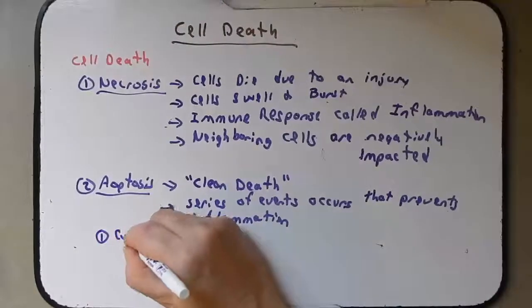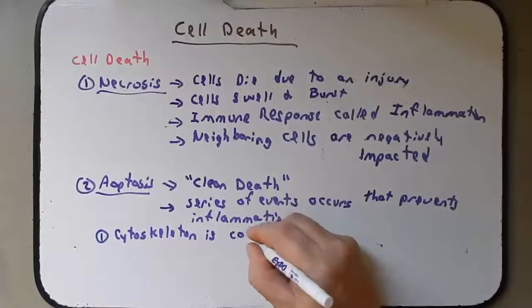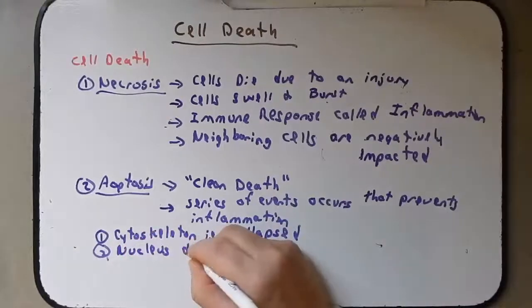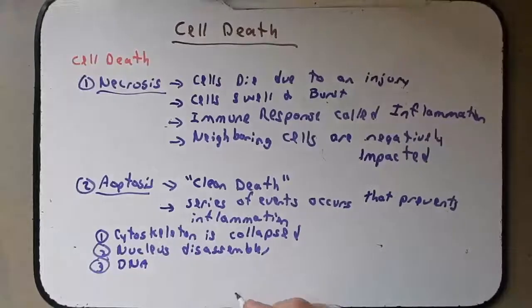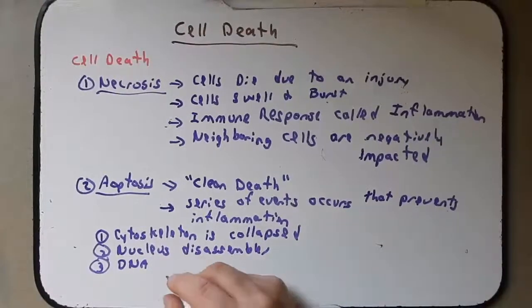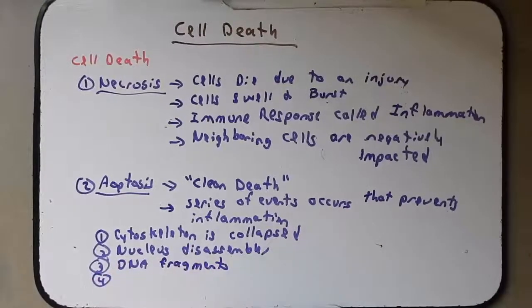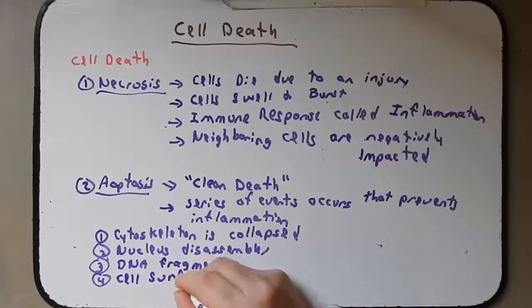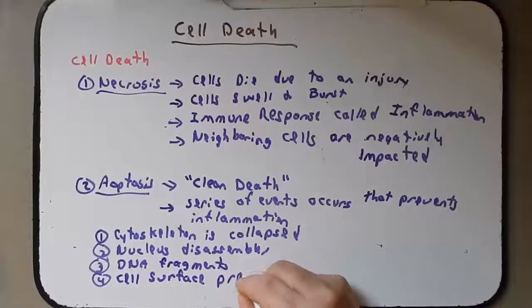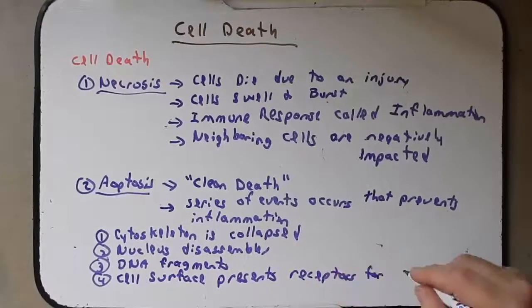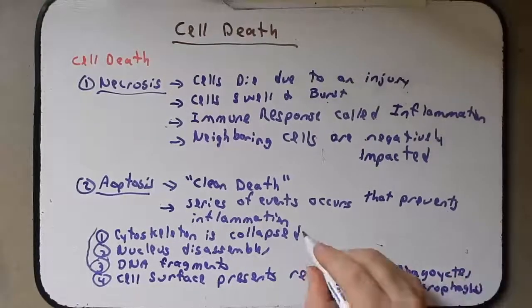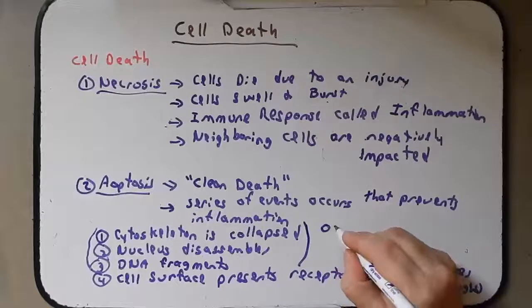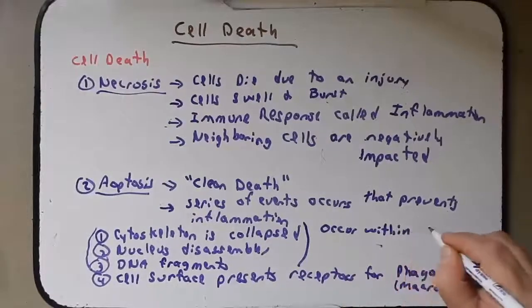The cytoskeleton is collapsed, the nucleus disassembles, the DNA fragments, because when that nucleus disassembles, various nucleases can penetrate the nucleus and begin to degrade the DNA. And lastly, the cell surface of this apoptotic cell presents receptors for phagocytes, mainly macrophages.